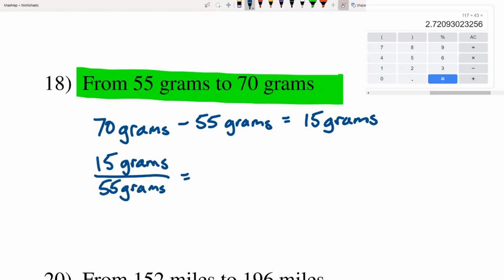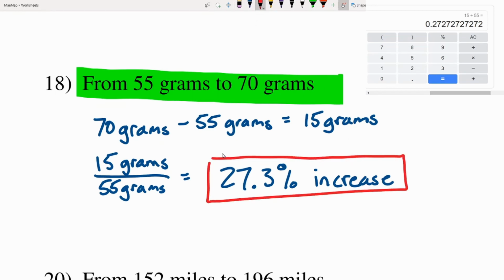So now calculating this percent change, 15 divided by 55 is going to be 0.272727, so 0.27 repeating, and that's going to round to 27.3%. So that's 27.3% increase.